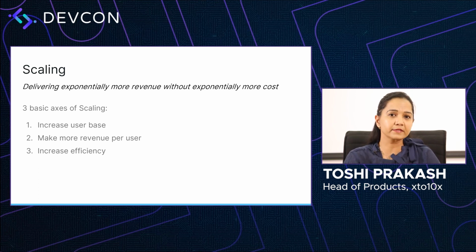You want your existing clients to be paying more as well. So these basically form the various vectors of scaling. We'll take up some examples on how SaaS scaling is different and how these basic principles translate into a couple of examples in the SaaS scaling space.